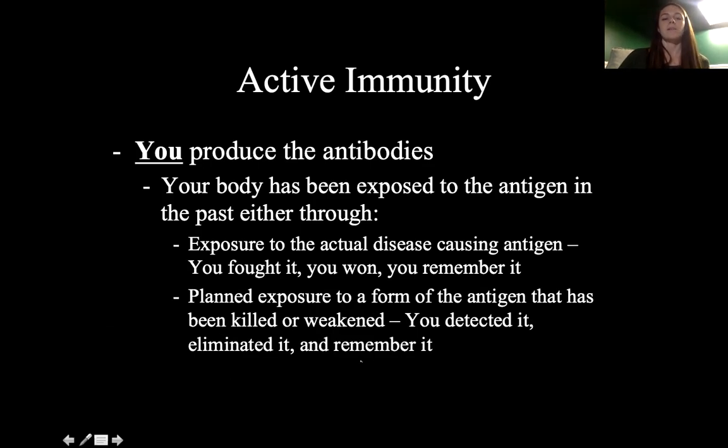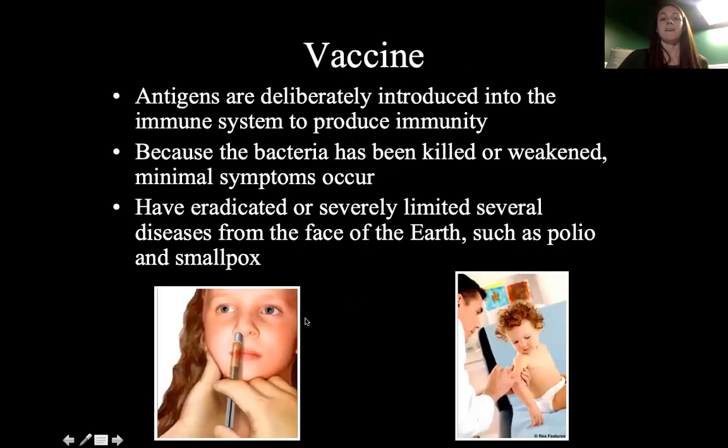So can you think of what that might be? A planned exposure to a form of an antigen. Give you a second to think about it. It's a vaccine. So vaccines are planned exposures.